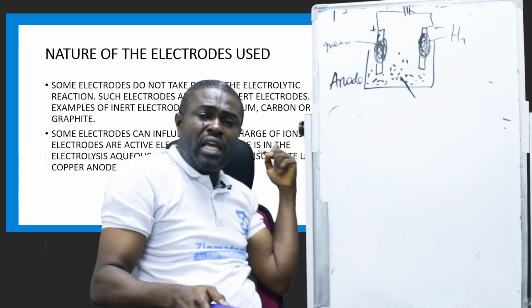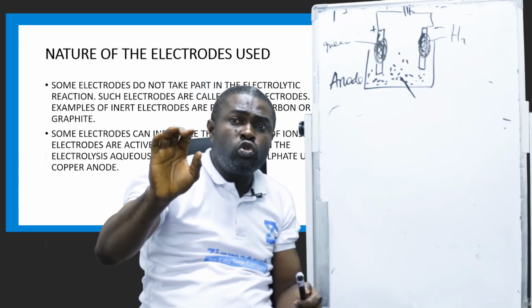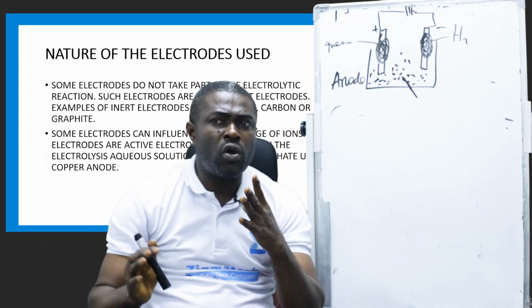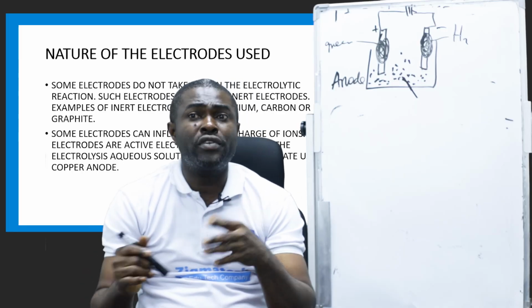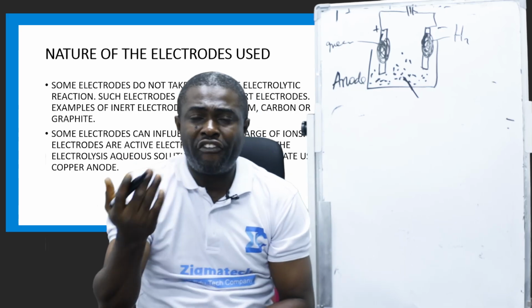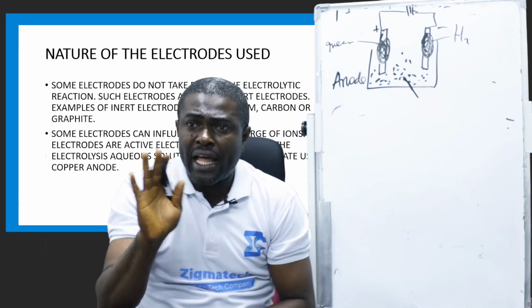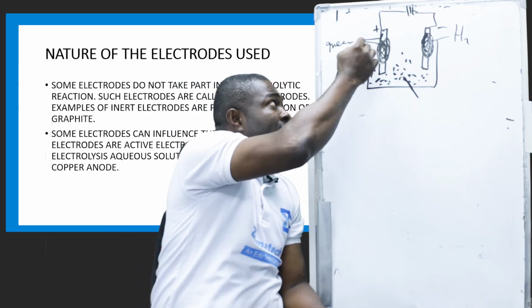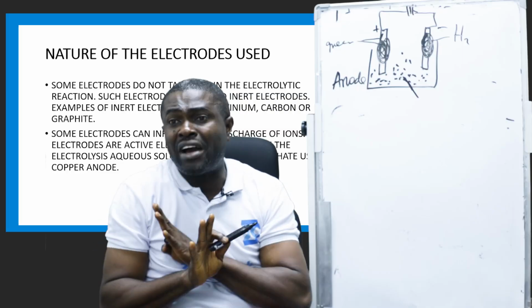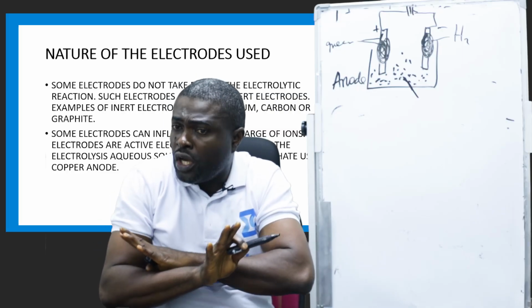Some electrodes do not take part in the electrolytic reaction. Such electrodes are called inert electrodes. Examples are platinum, carbon, or graphite. Once you are told that the electrodes are made up of platinum, graphite, or carbon, you don't have any problem. Other factors will be considered.